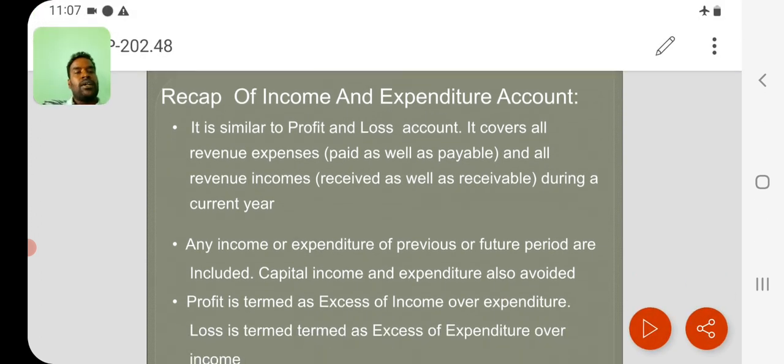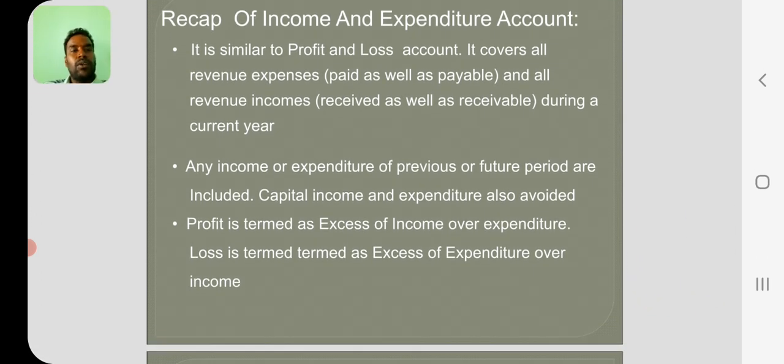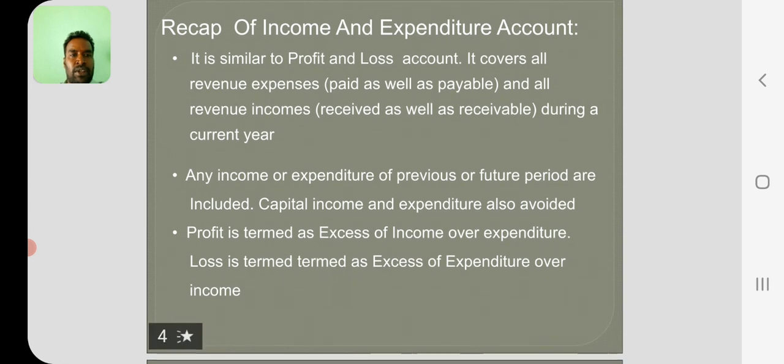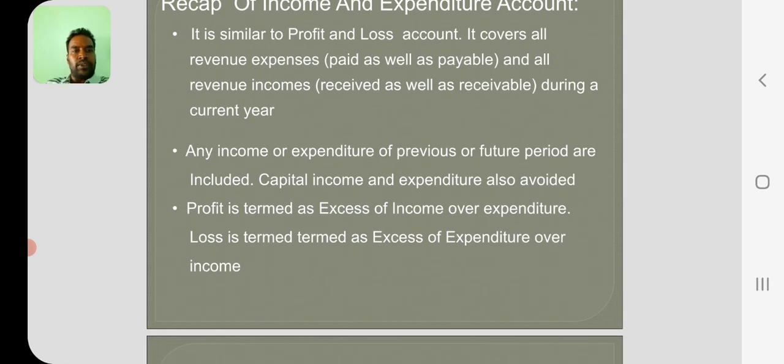It follows the nominal account rule. The rule is debit all losses and expenses and credit all incomes and gains. That rule should be followed by income and expenditure account. Okay.